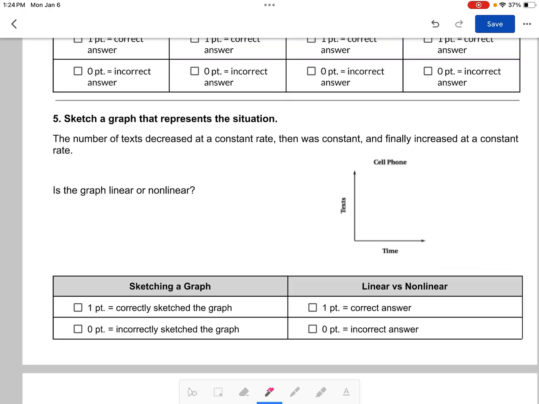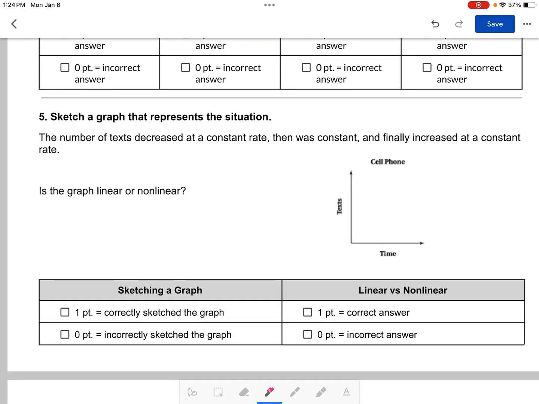Looking at number 5, it says the number of texts decreased at a constant rate, then was constant, and finally increased at a constant rate. And then it asks, is the graph linear or nonlinear? Okay, so the number of texts decreased at a constant rate, so we're going down. Let me try and do this as straight as I can.